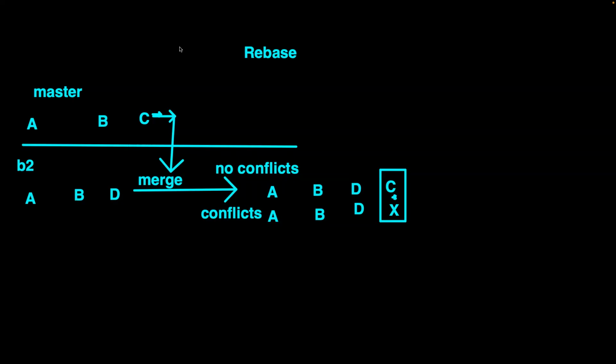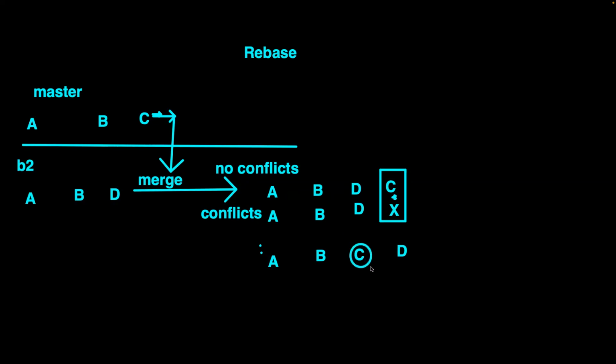But let's say I just want the changes from master to come into B2. I need the same functionality, but I don't want C to be added as the topmost or latest commit. Rather, C should come and sit in between B and D. Why?